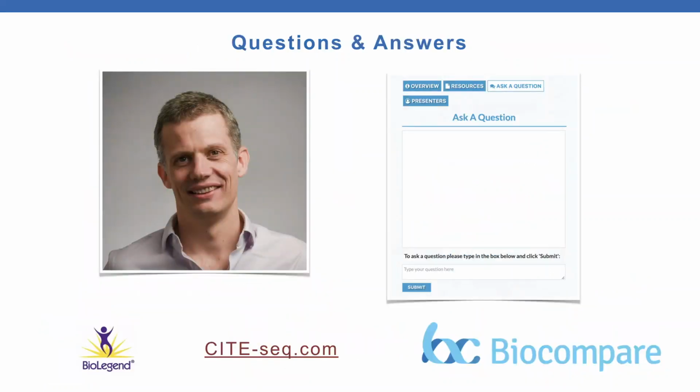Let me ask you that first question. 10x says they don't support TotalSeq-A for their version 3 kits. Does it work? It does. TotalSeq-A has a poly A tail, which is designed to interact with poly T primers. 10x's V3 kits have a separate technology that they've invented called their feature barcoding, which has a different handle, and so they have a separate set of CITE-seq-like reagents, TotalSeq-B reagents that are complementary to that.